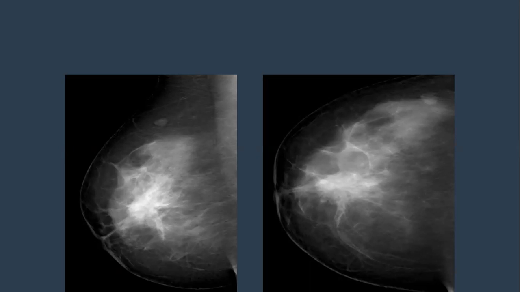Before nipple retraction, there are no other associations. Associated lymph node enlargement, intramammary lymphadenopathy, at the same area of distortion.